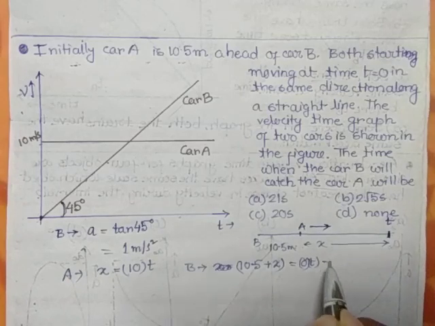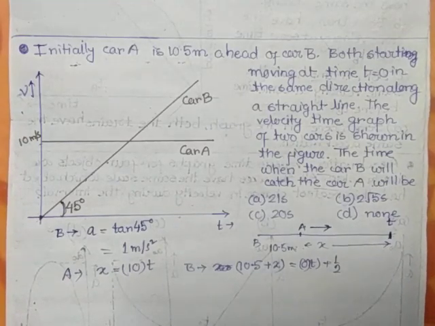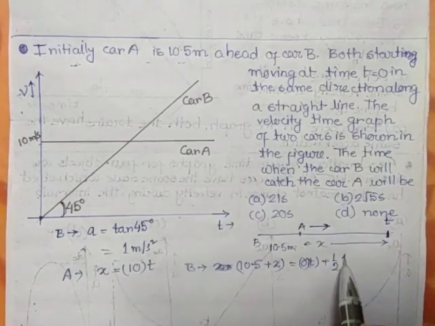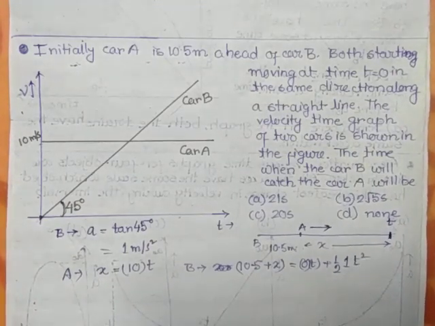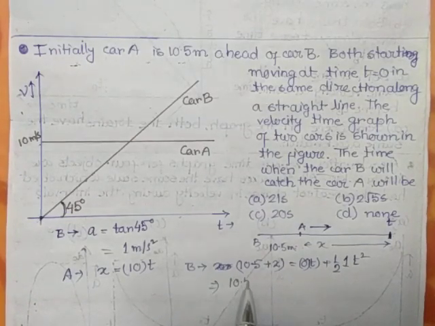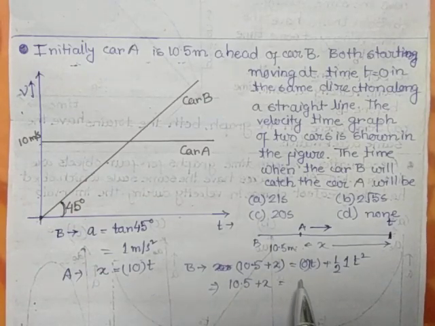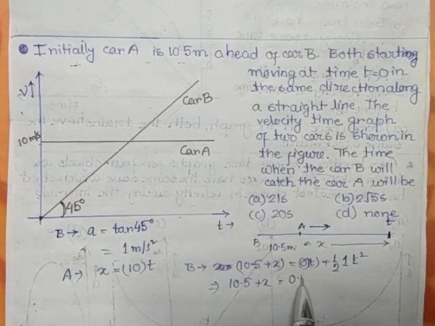So here its velocity is 0, so it is 0 into t. Using s equals ut plus 1 by 2 a t squared. What is the acceleration? Acceleration is 1 here. And t squared is the time squared. So we have to just substitute values and find the solution. So it will be 10.5 plus x equals 0 plus 0.5 t squared, since acceleration is 1.